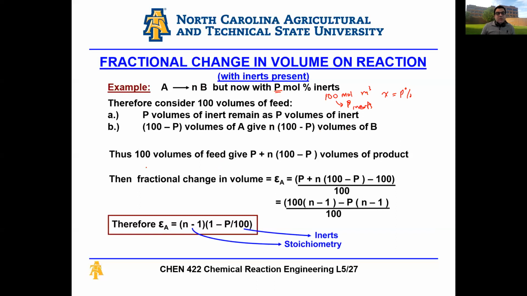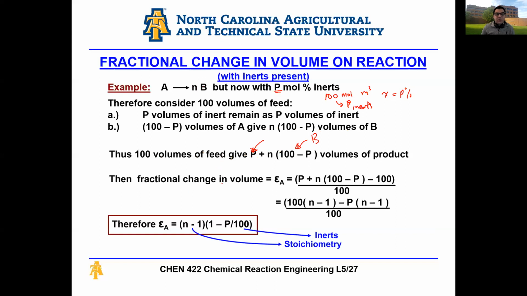So I have 100 volumes of feed coming in. However, whatever is coming out is equal to P, which is the volume of inerts, you just zip through, and the volume of B here, which is N multiplied by 100 minus P.